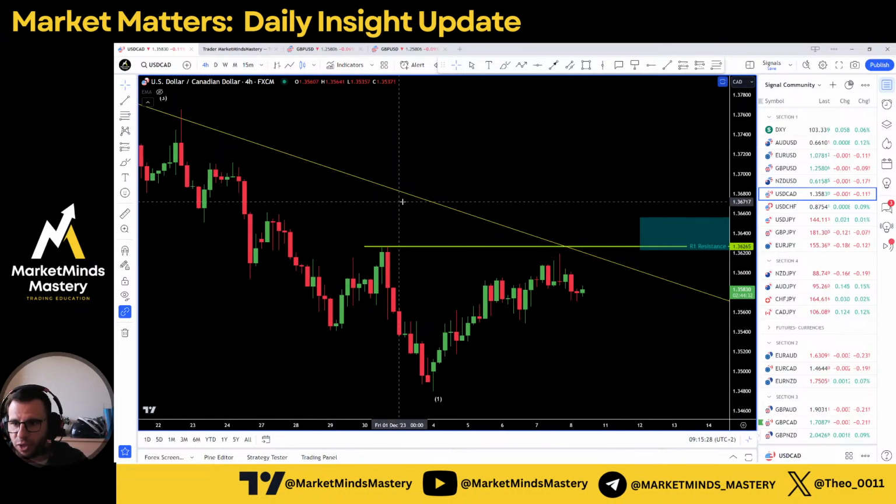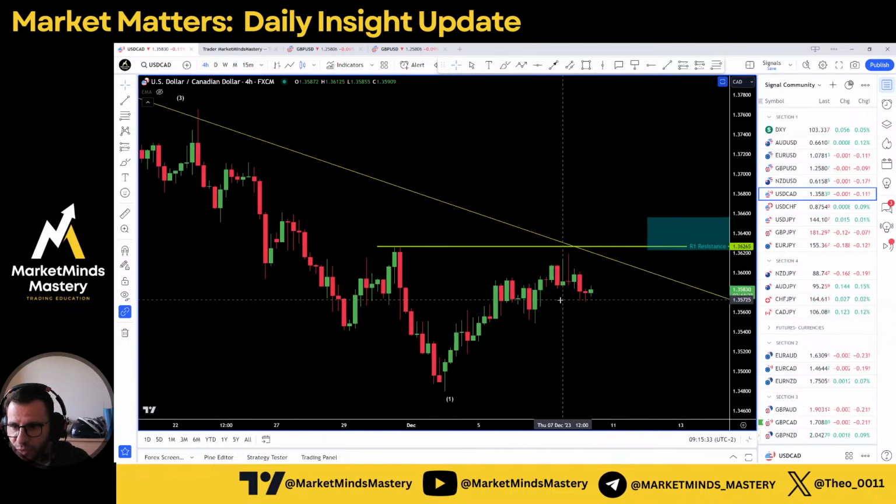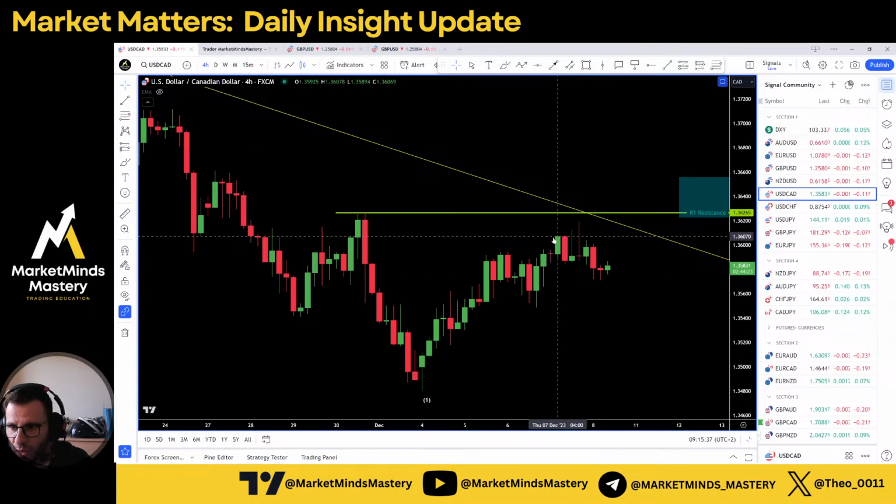Let's check the 4-hour chart. That was a nice price action rejection here. Yesterday during the live session, we were explaining about this bearish engulfing. If it remains a bearish engulfing, maybe it's going to kick off some good setups, but the price moved sideways.